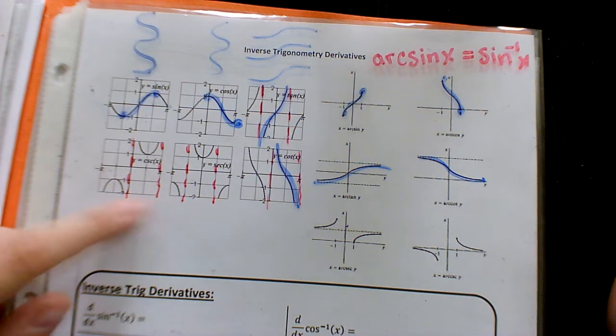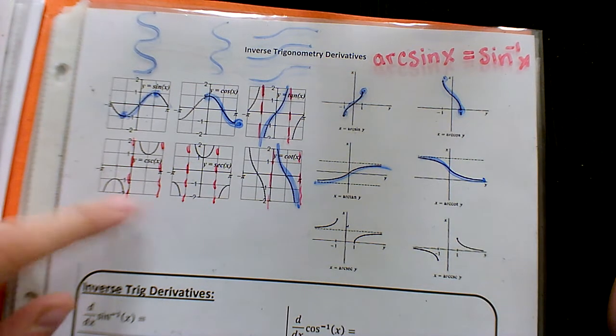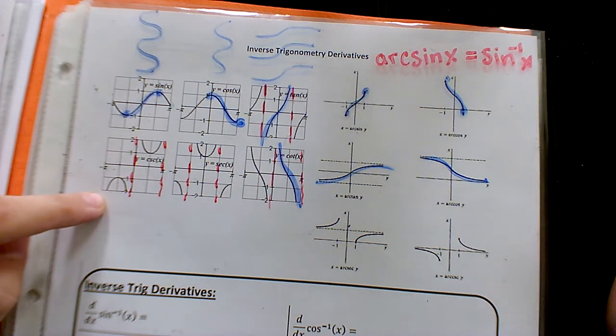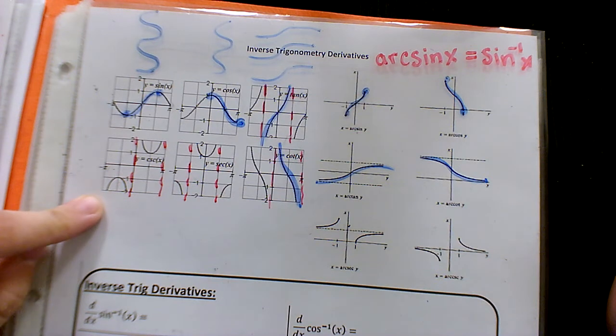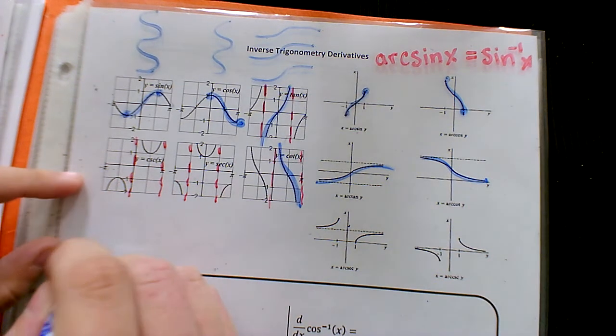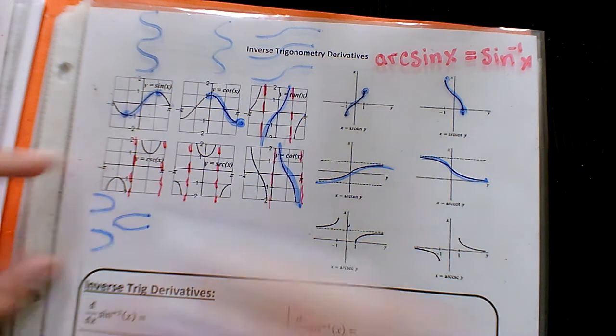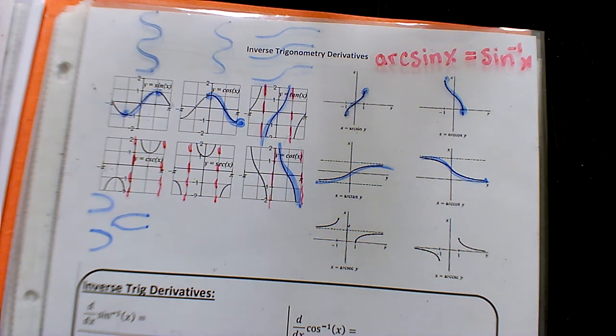What about the secant and cosecant graphs? Instead of having parabolas that open up or open down, kind of a square root graph, they're going to open left and open right. But notice how, again, that's not a function. So we chop off a certain section of it.